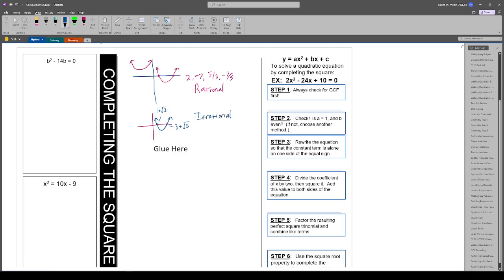They have square roots, or things like pi are irrational, meaning that they have decimals that go on forever without repeating. So we have this method as a way to solve for cases that can't be factored.